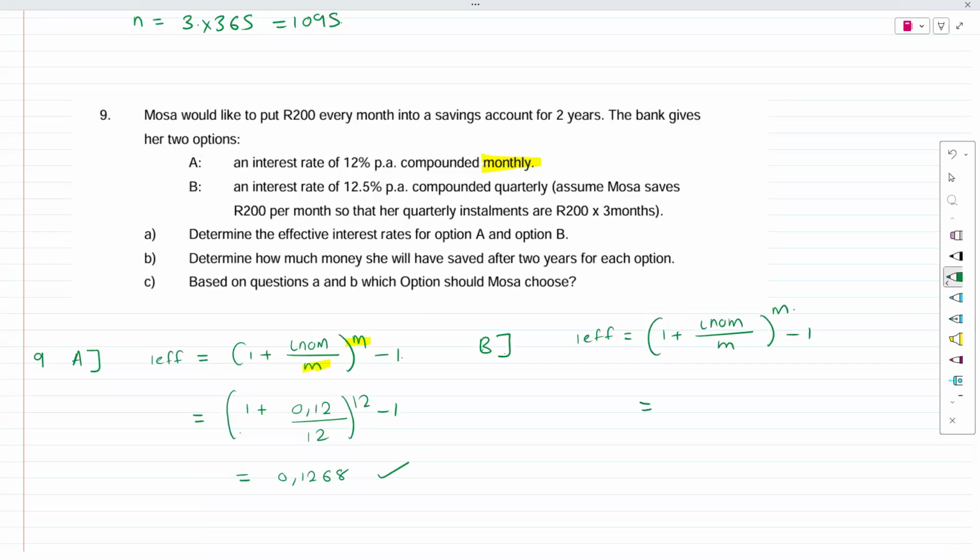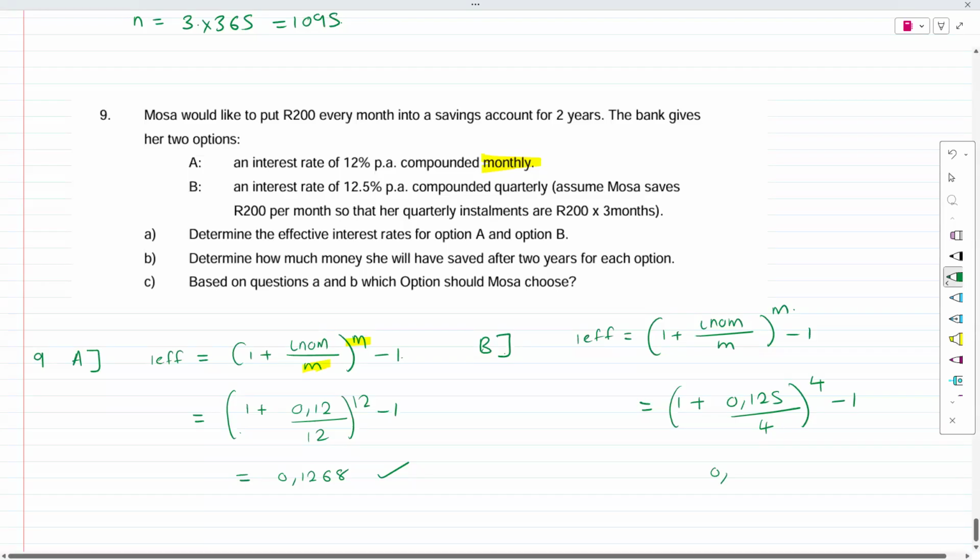Here would be 1 plus 0.125 over 4, and this is all to the power of 4, minus 1, and this ends up as 0.13098. Okay, so that's all there is to the first question.